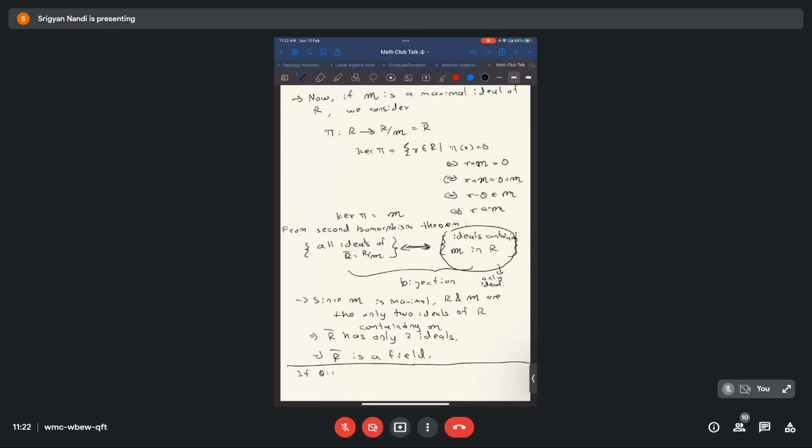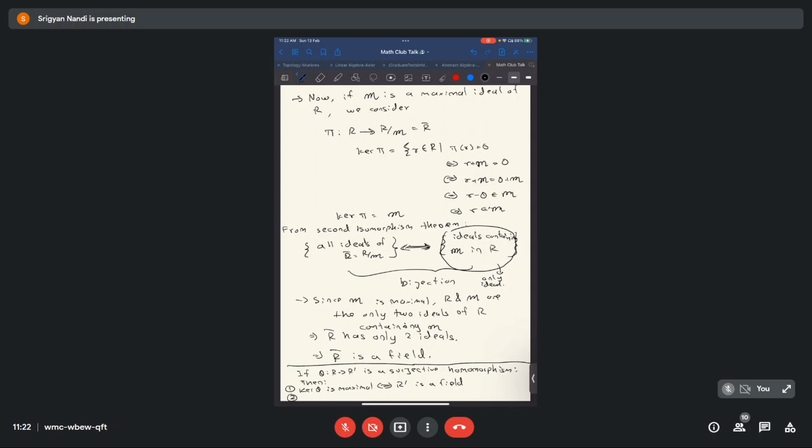if theta from R to R dash is a surjective homomorphism, then the following hold. One, the kernel of theta being maximal, both ways, implies that R dash is a field.